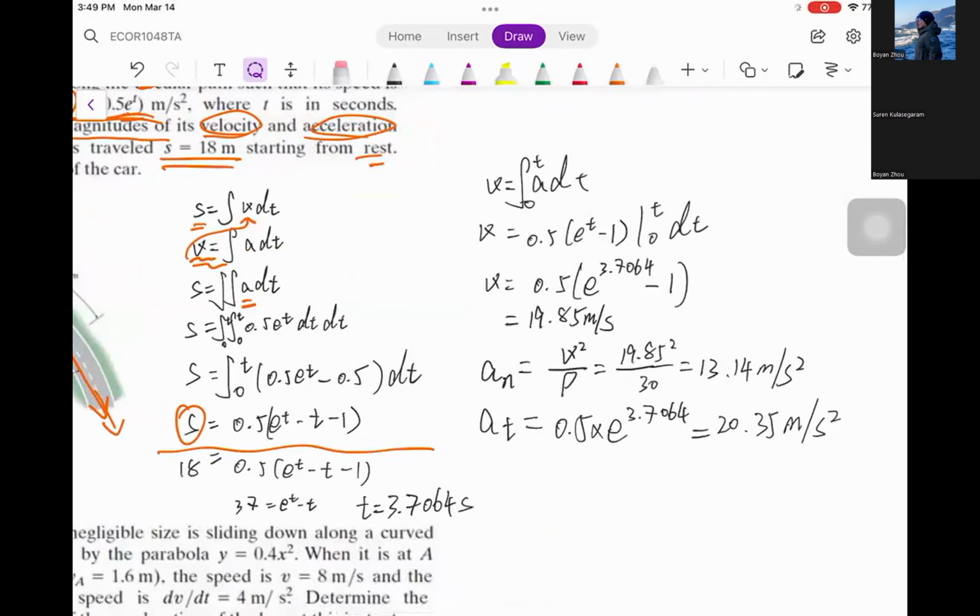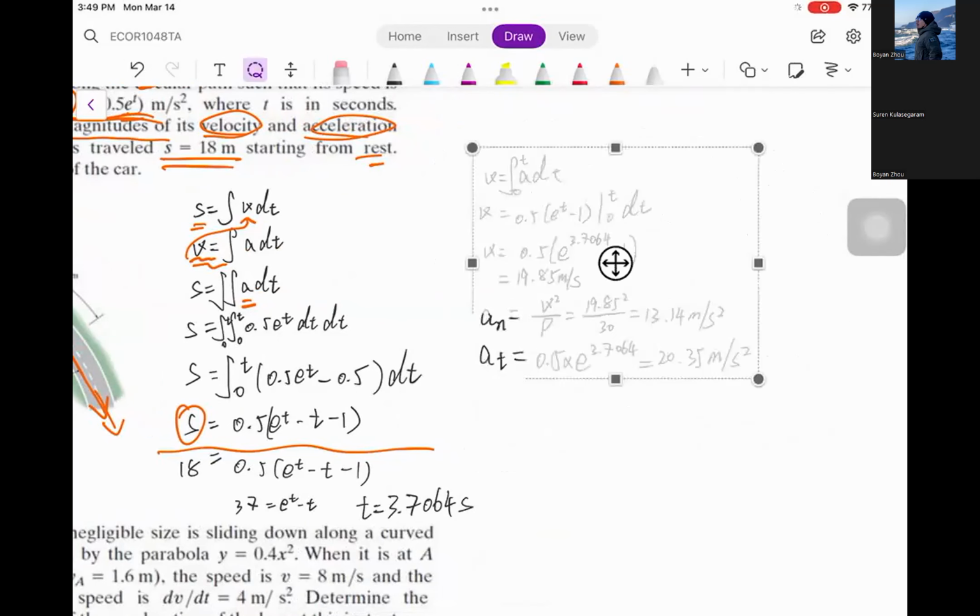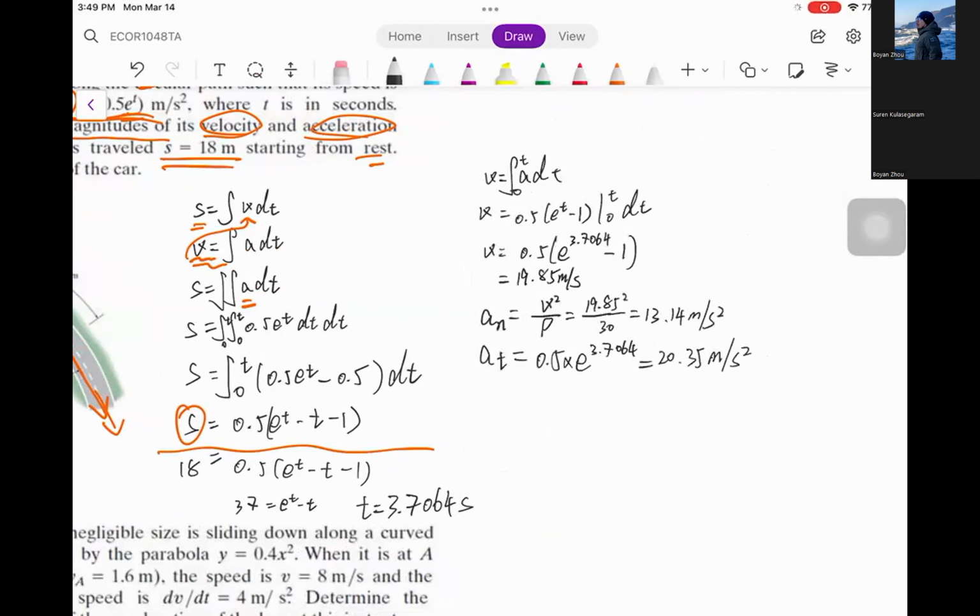So now we have the normal acceleration and we have the tangential acceleration. The next step, we're just going to combine them together to get our final answer: square root of 13.14 to the power of 2 plus 20.35 to the power of 2.